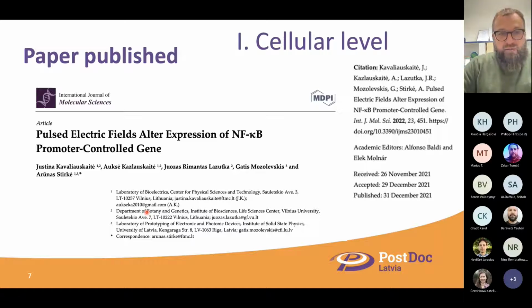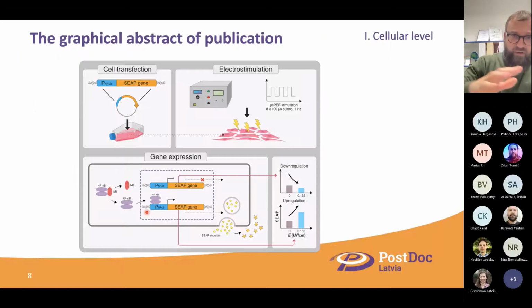abiotic treatment. It was published almost 2 years ago, in our article in which we investigated pulse electric field effects on expression of some reporter genes, which were controlled by some specific promoter. If you look a little bit into the detail of this research, we actually made some specific cells.